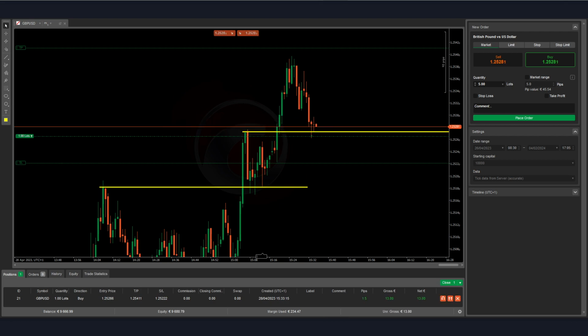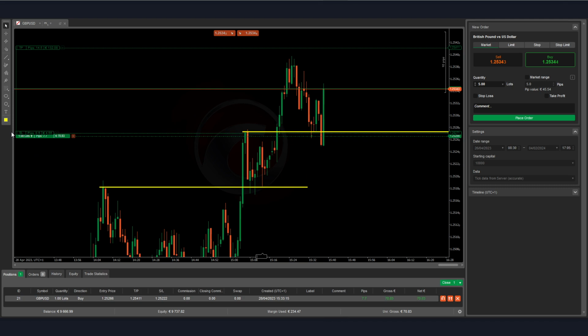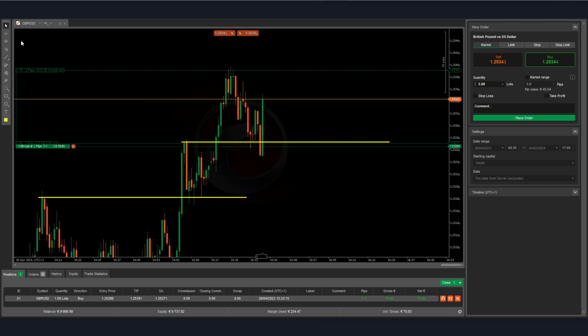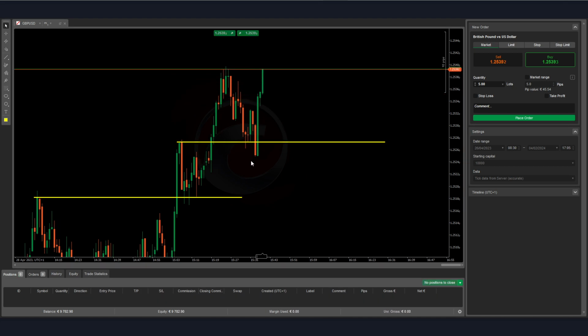Okay, let's see if it bounces from there. The entry was very good. Let's see if we have enough momentum. 7 pips, we can place it at break even. And we can take it out at these highs. Nice. Okay.